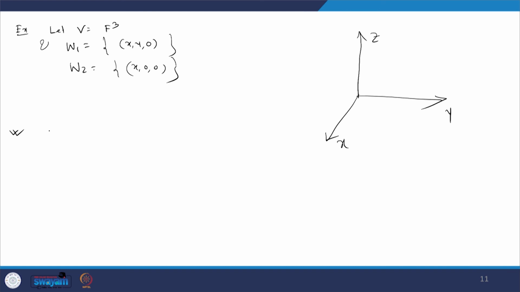Let me introduce another terminology called the sum of subsets of a vector space.